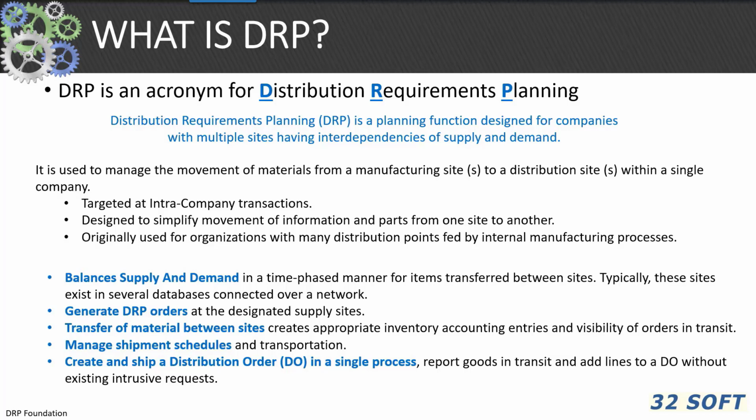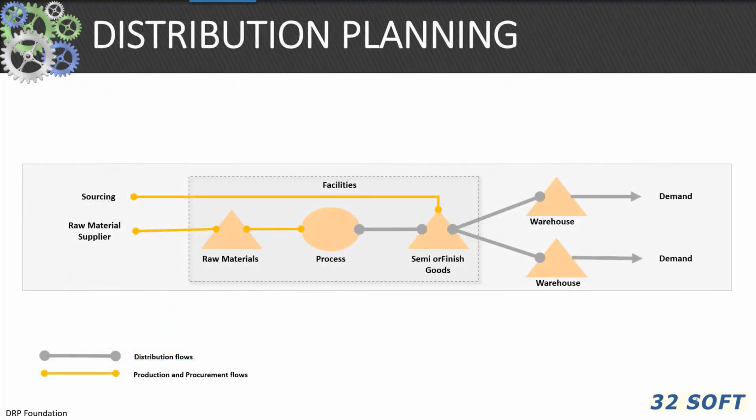It is used for the management of materials from manufacturing sites to distribution sites. It targets the intra-company transactions and is designed to simplify the movement of information and parts from one site to another. DRP balances supply and demand and transfers material between sites based on what is called a distribution order.